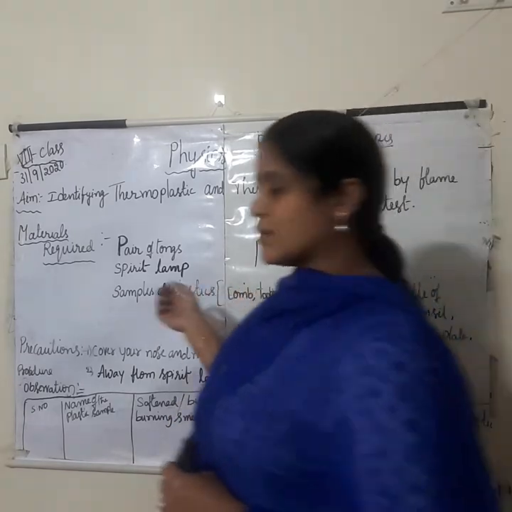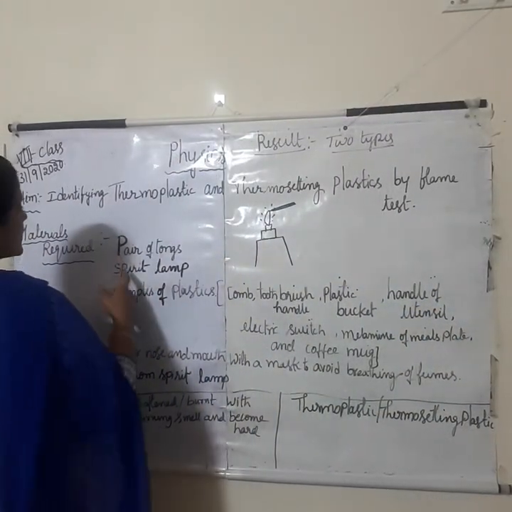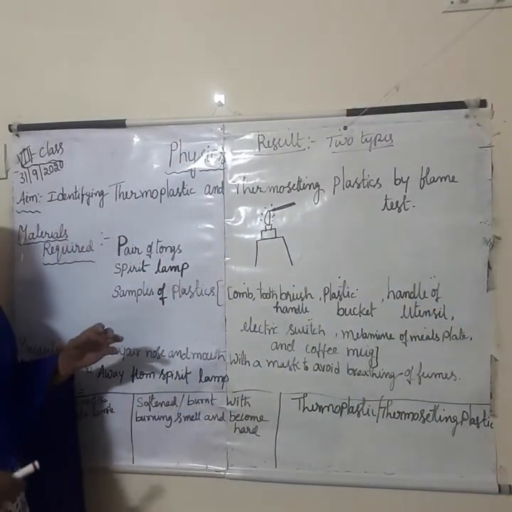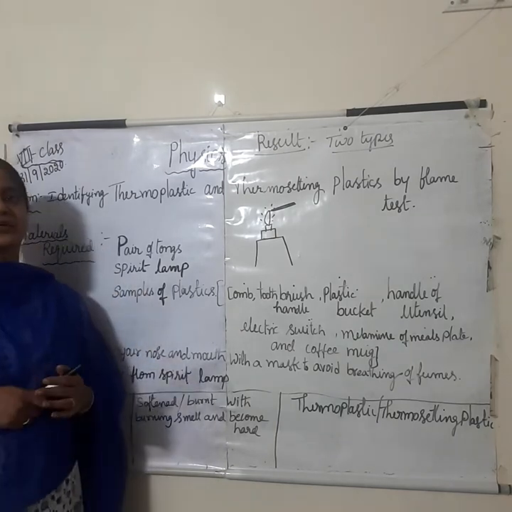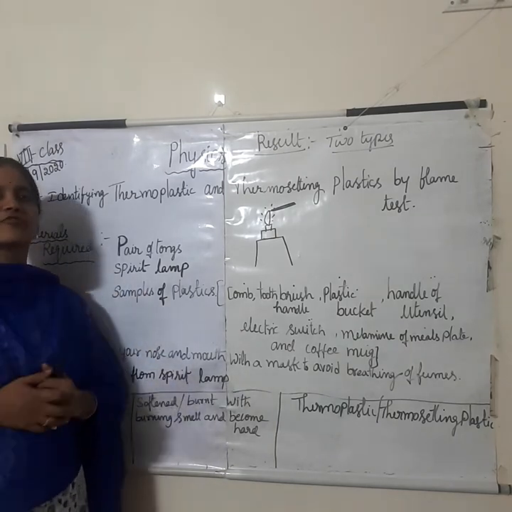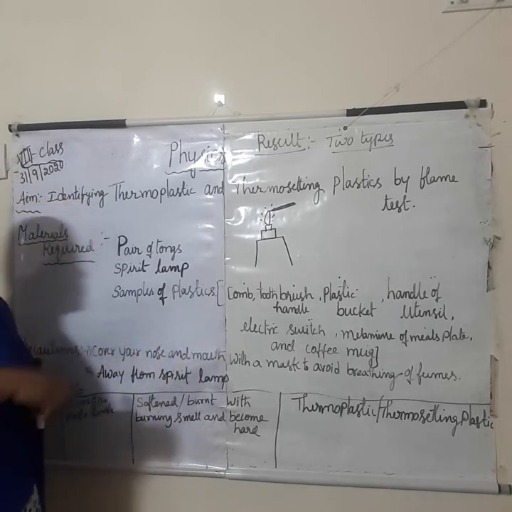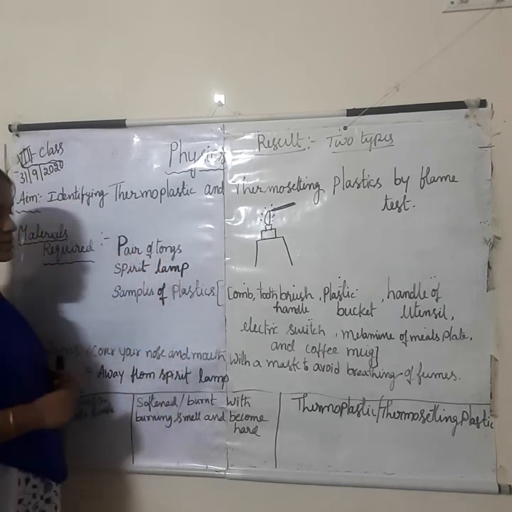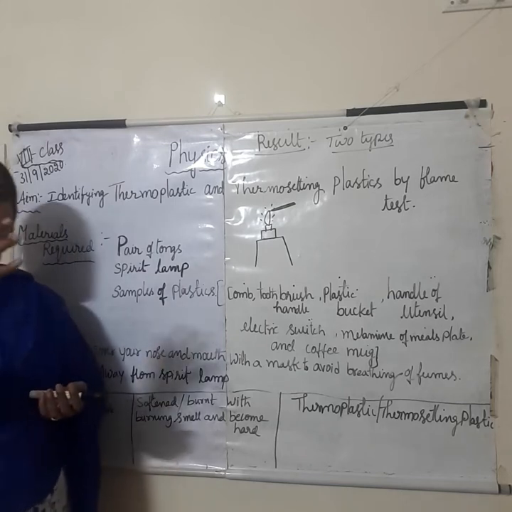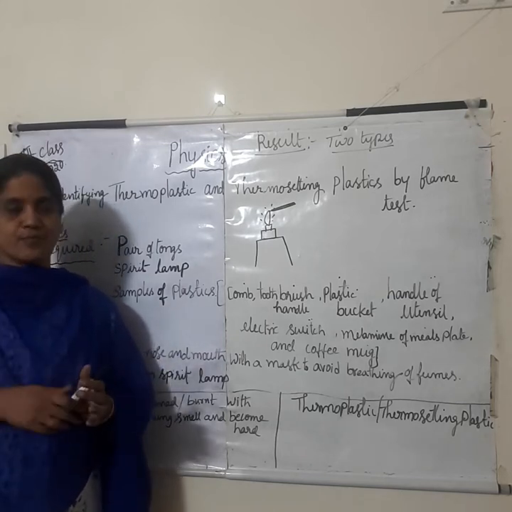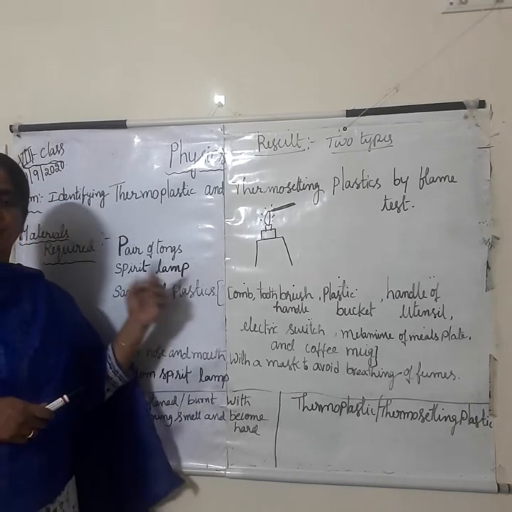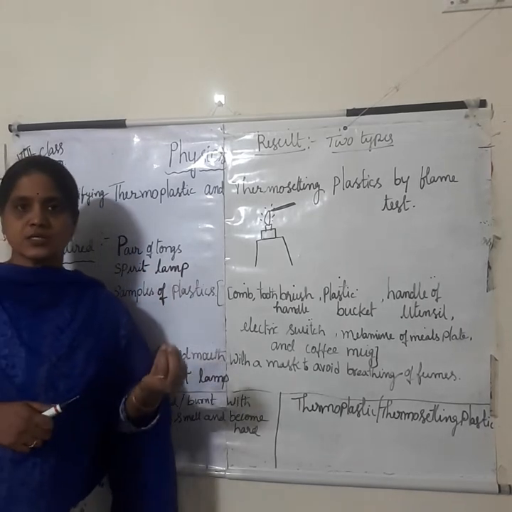Next, what materials are required for this? To burn the plastic item, you cannot hold it with your bare hand. You have to hold the plastic item with tongs. So we require a pair of tongs, and to burn we require a spirit lamp, and pieces of plastics.